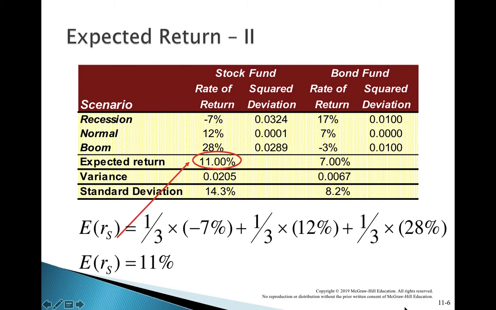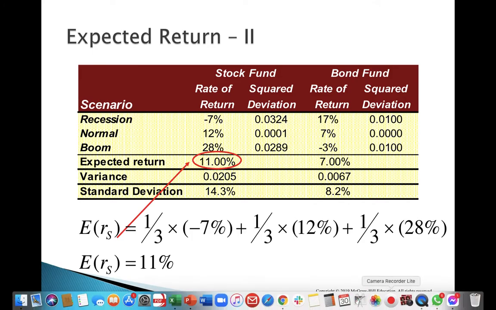Clear? So the expected return of the stock fund is equal to 1/3 probability multiplied by minus 7%, plus 1/3 probability multiplied by 12%, plus 1/3 probability multiplied by 28%. Same way you can calculate for the bond fund.